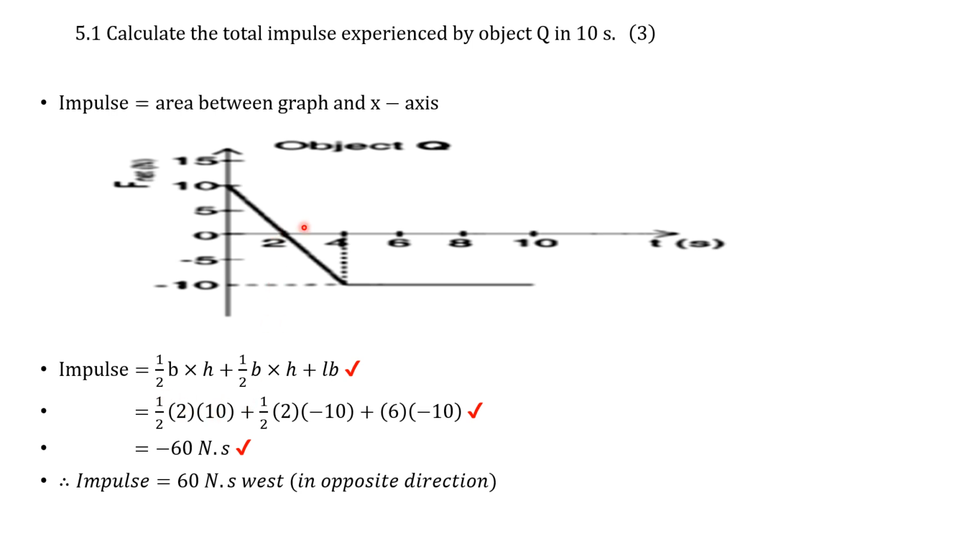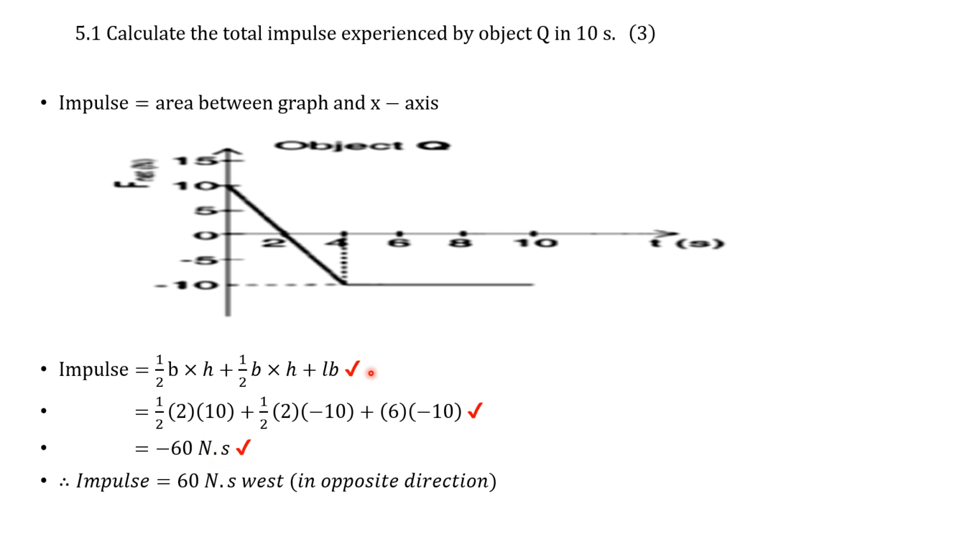For the second one, my base is 2, my perpendicular height is minus 10, times half, and from 4 to 10 is 6, and from there to there is negative 10. Substitute in, so that gives me 20, and half is 10. Minus 20 and half gives me negative 10. So 10 and negative 10 cancel. So 6 times negative 10 gives me negative 60 newton seconds.